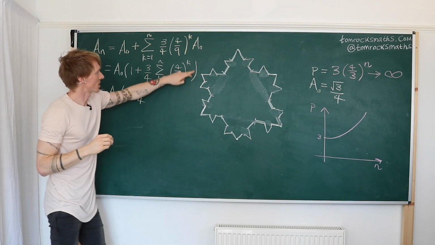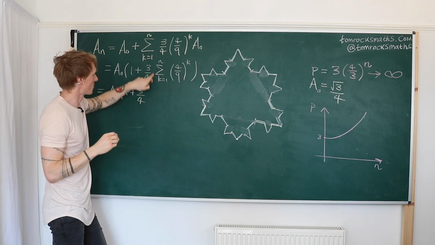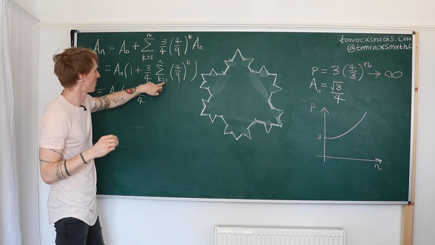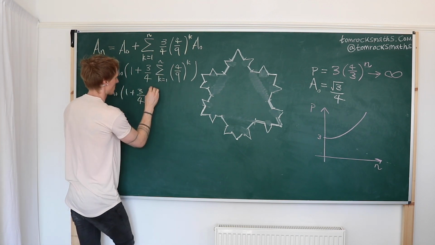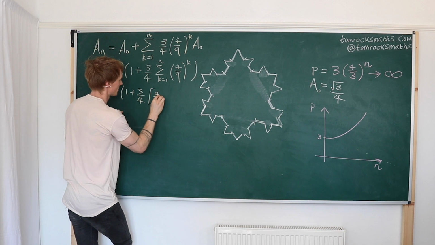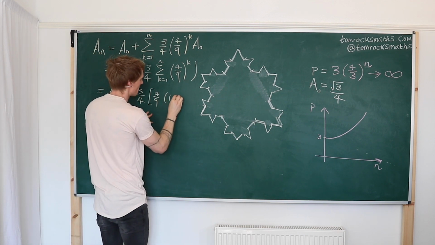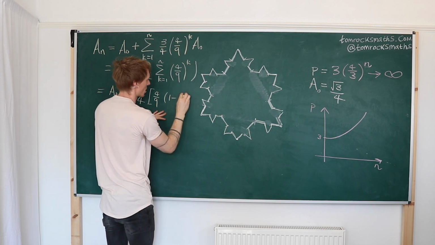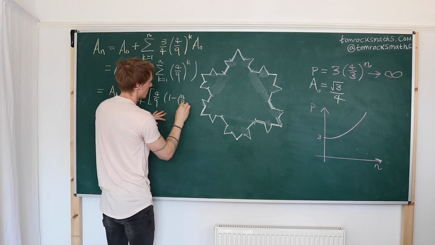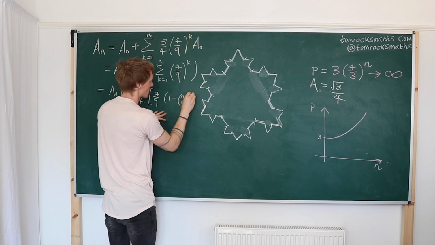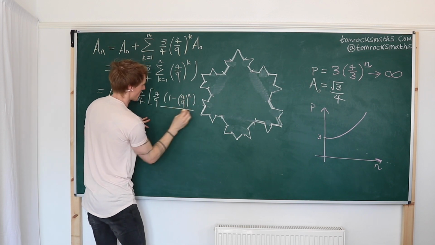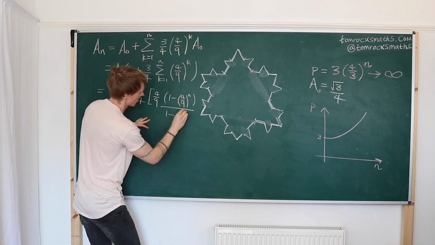Now for our geometric sum, the total of this is equal to the first term, so when k is 1, that's going to be 4/9, multiplied by 1 minus the common ratio, which here is 4/9, to the power n, the last term, all divided by 1 minus 4/9.